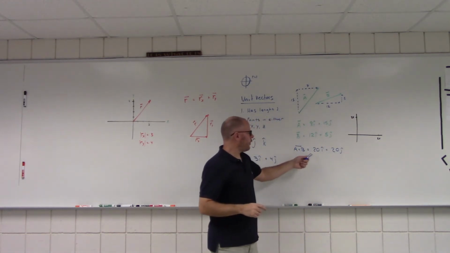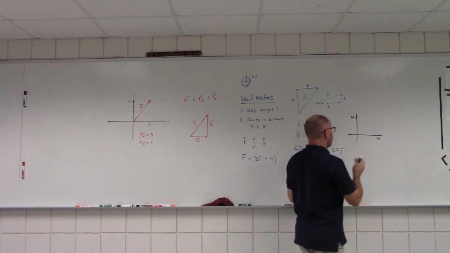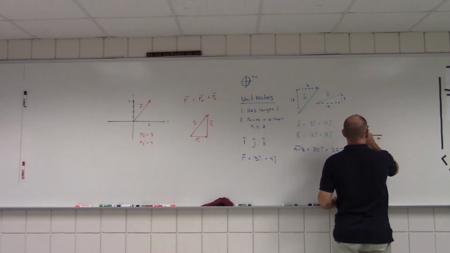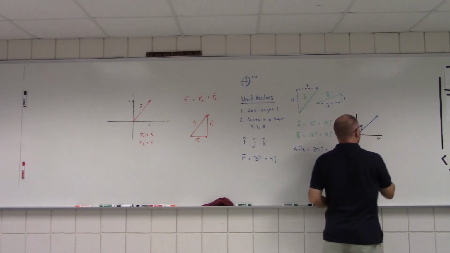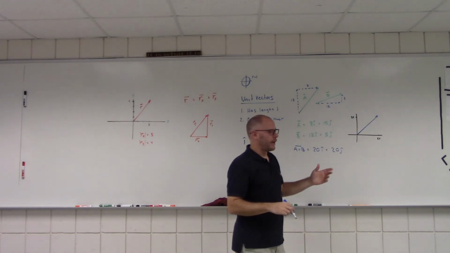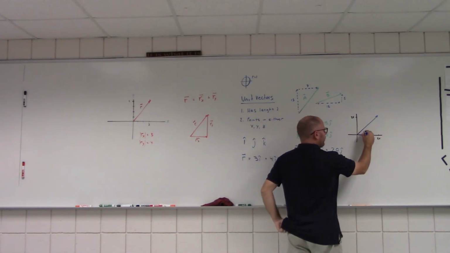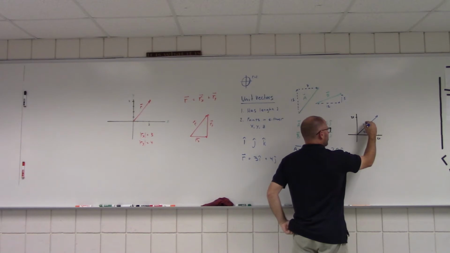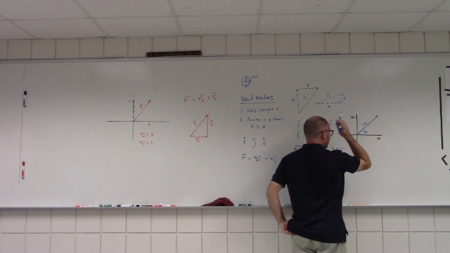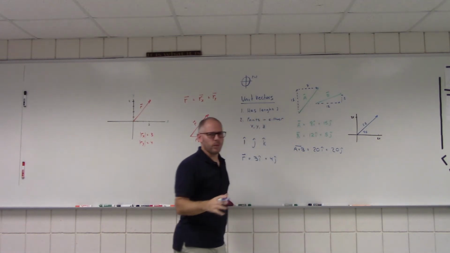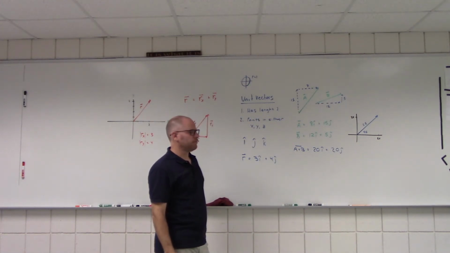And we can see that our new vector is 20 to the right and 20 up. Using a little trigonometry, we can realize this is a 45-degree angle, and this is about 28 long, maybe 28, 29.